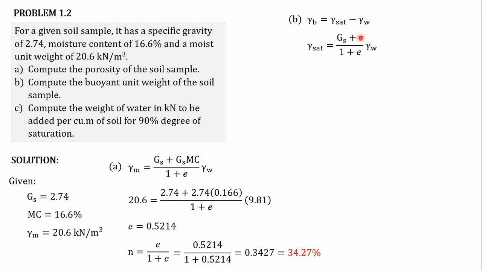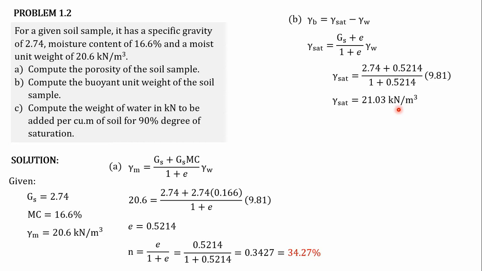Unahin natin solvein yung unit weight saturated ng soil, which is equal to Gs plus e divided by 1 plus e times unit weight ng water. So, we have 2.74 plus 0.5214 divided by 1 plus 0.5214 times 9.81, equivalent to 21.03 kilonewton per cubic meter.